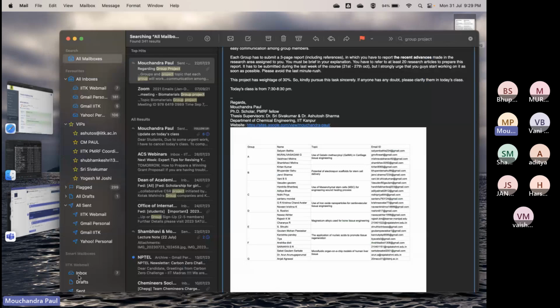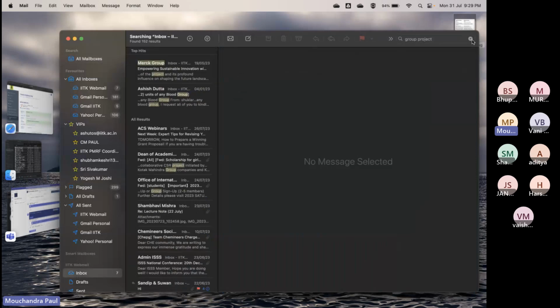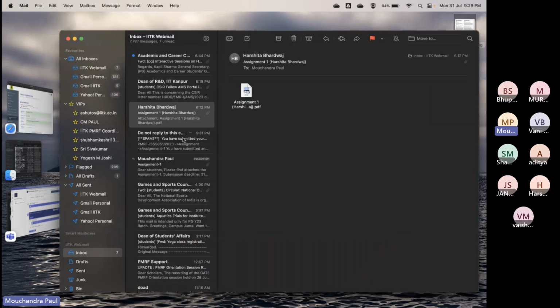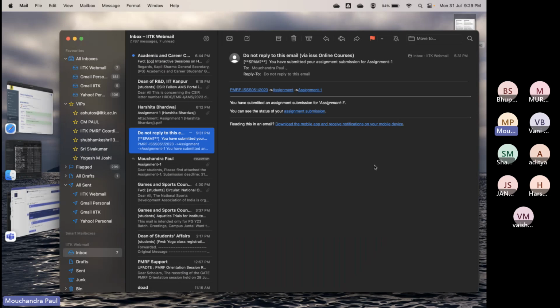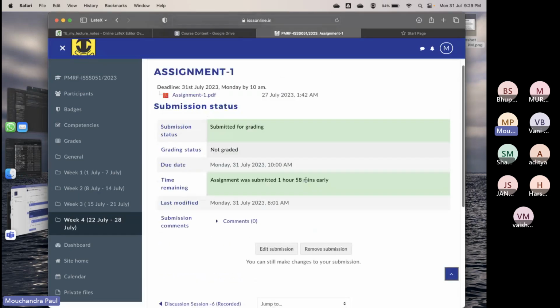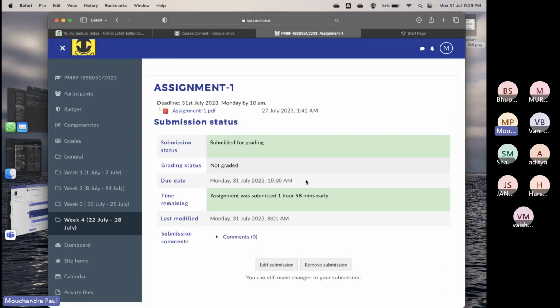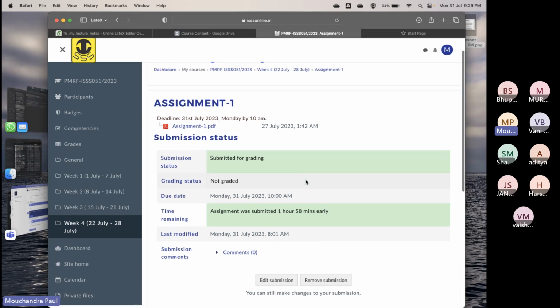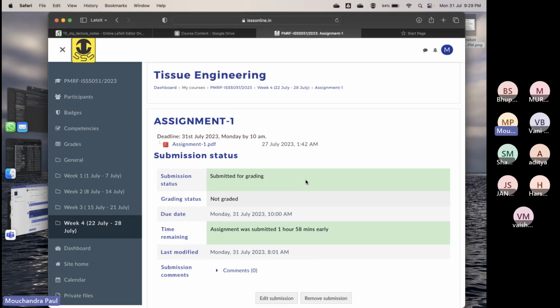Here, let me show you. I actually tried to upload one file, and this kind of email also got sent to me directly from the portal, saying that you have submitted assignment 1. Those who have not been able to submit, you guys maybe can try now. Although I have received your files, I just want you guys to try it.